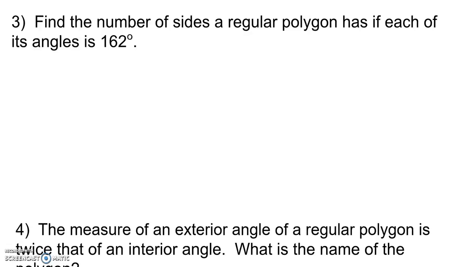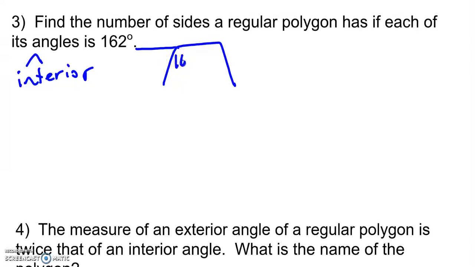Find the number of sides a regular polygon has if each of its angles is 162. When it says angles, remember, assume that we're talking about interior. Here's the quickest way to solve this problem, in my opinion. If you have that the interior angle is 162, you can quickly find that the exterior angle is the supplement of 162.